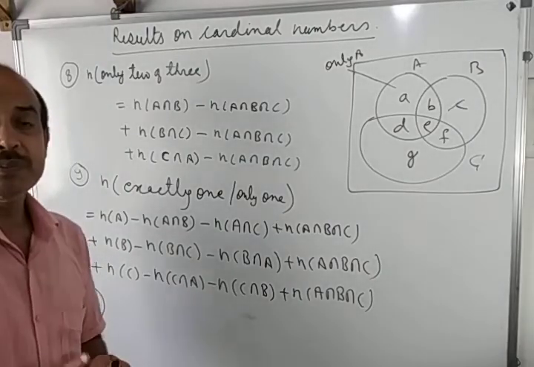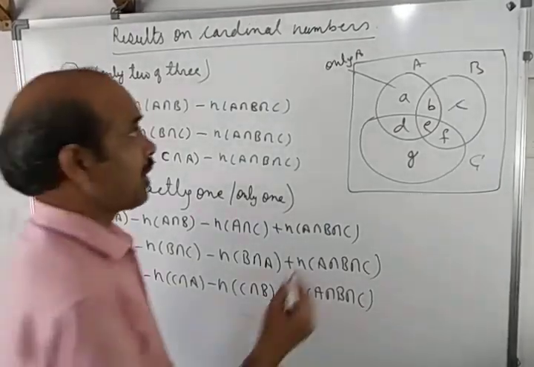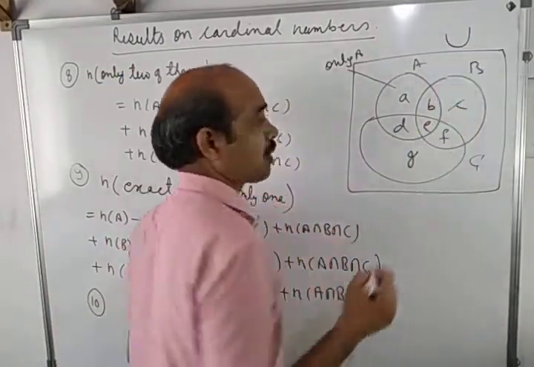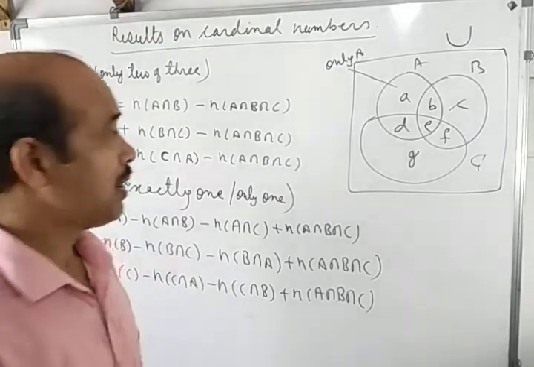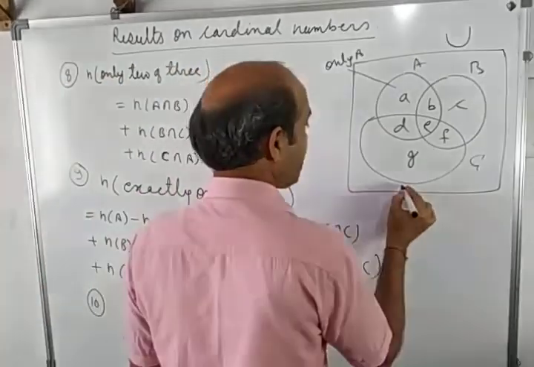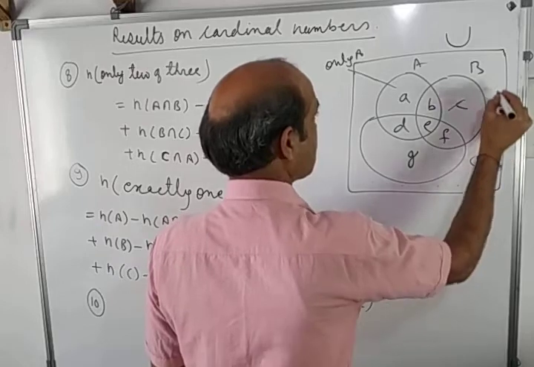Then none of the game. You know that this is universal. Sometimes they are asking number of players which are not playing any game. It means how many are lying in this area. This one.